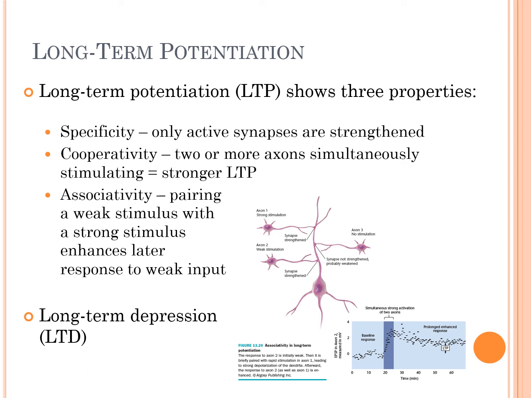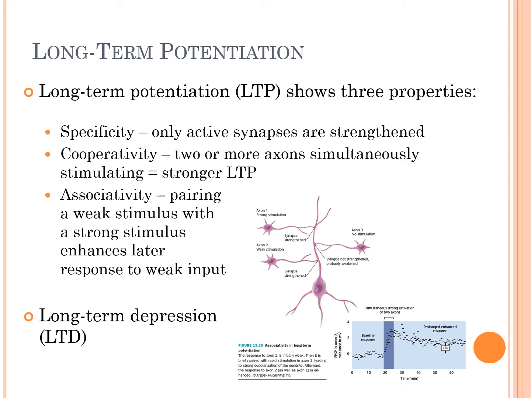To make this easy, we'll pretend that the sensory neuron is axon 1, and the neuron with all those axons communicating with its dendrites is the postsynaptic neuron. We'll pretend that's a motor neuron. With the strong stimulation, a puff of air to my eye, that's going to cause me to blink. It's going to cause that motor response, so that's a very strong synapse.